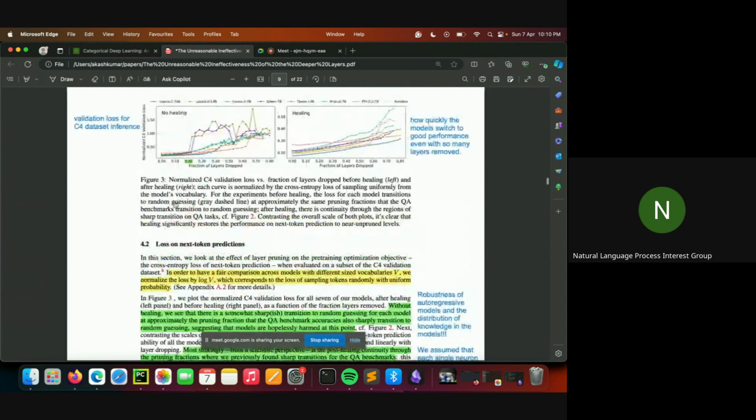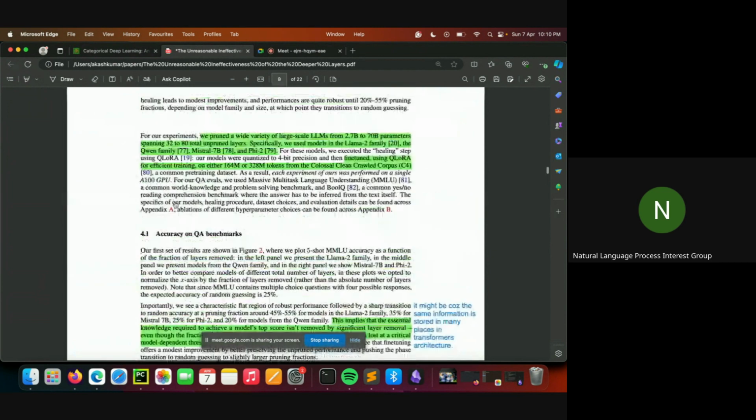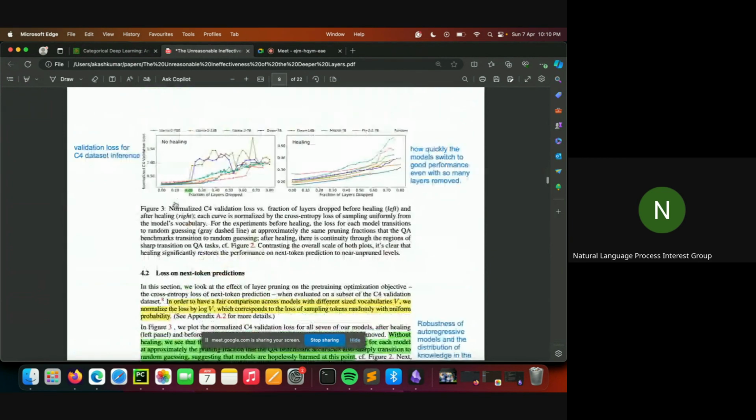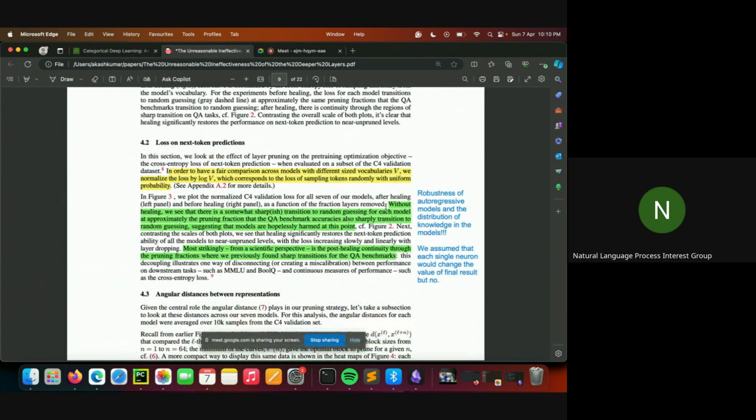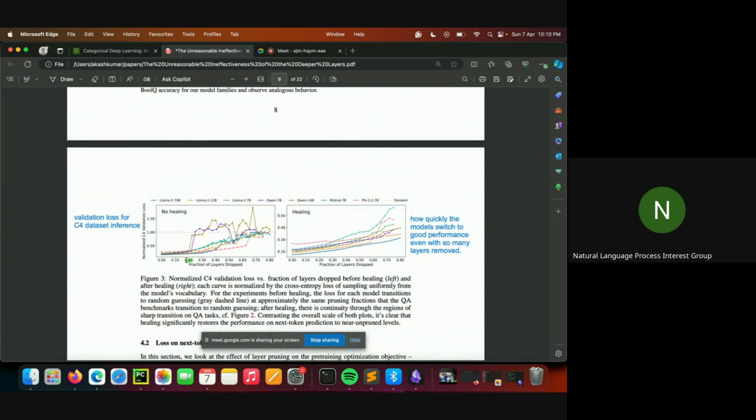This is for figure 3. Without healing, the authors see a somewhat sharp transition to random guessing for each model, at approximately the pruning fraction where the QA benchmark accuracy also sharply transitions. Here you can see that.